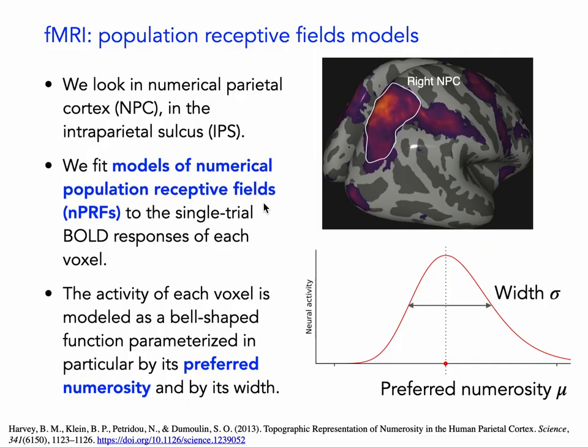You can think of these population receptive fields as essentially population level tuning curves or voxel level tuning curves. What it means is that the activity of each voxel is modeled as a bell-shaped function of the presented number, parameterized by several parameters, but in particular by its preferred numerosity and its width. And I will start by talking about the preferred numerosity.